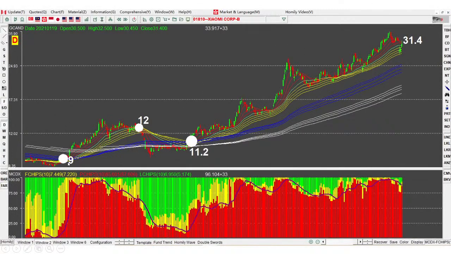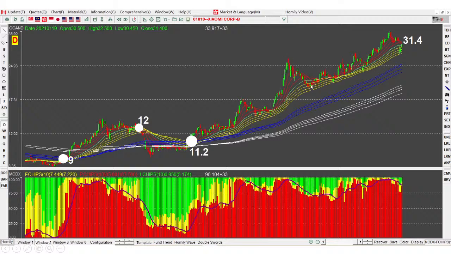So the first wave is $9 rise to $12, 30%, and the pullback to the white line got support and rise again is around $11. $11 now it's 31, 300% already. But you see, every pullback, every correction, it breaks down the last yellow line or not? Never. Never means whenever the price pull back to the yellow line, it will rise again.